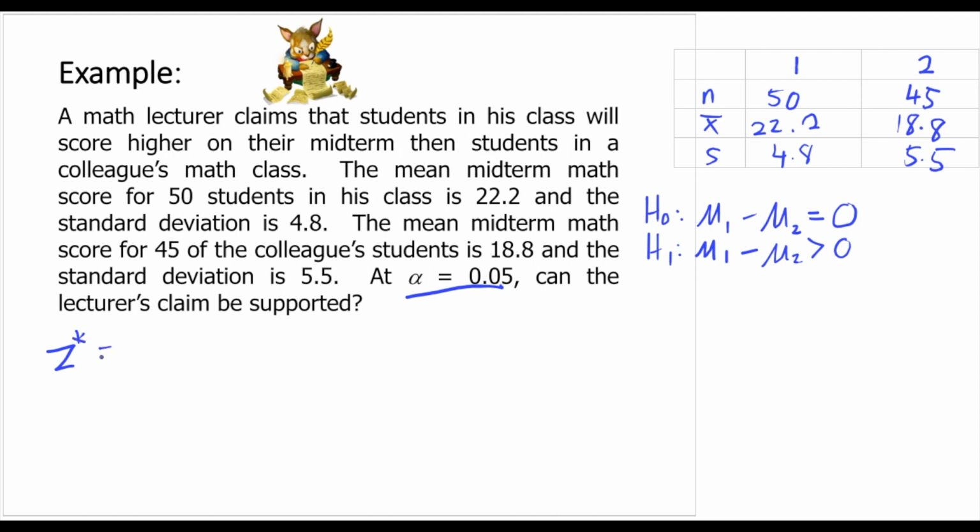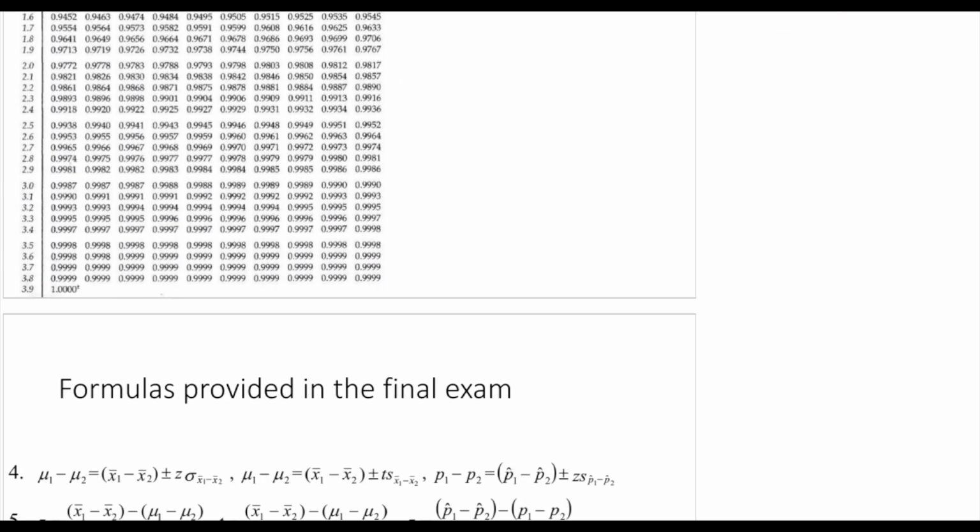Z star would be x bar 1 minus x bar 2 minus mu 1 minus mu 2, which is equal to 0 from our null hypothesis. This is 0, divided by s x bar 1 minus x bar 2, which is the square root of... So if you can't remember the formula, you could always go and check the formula from your final exam appendix.